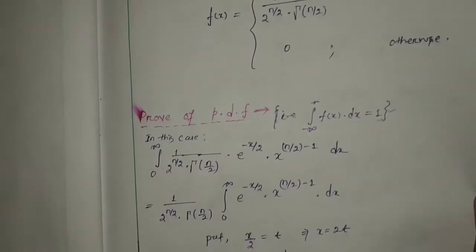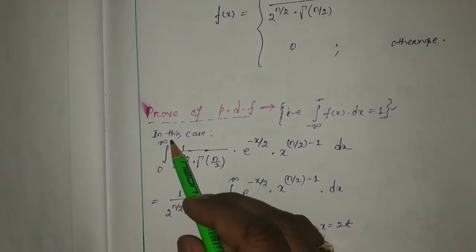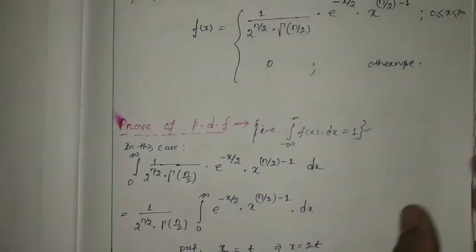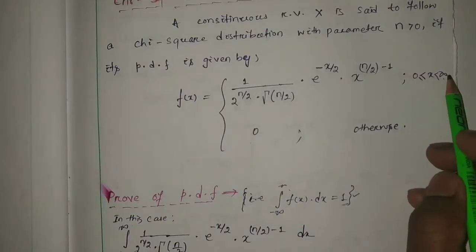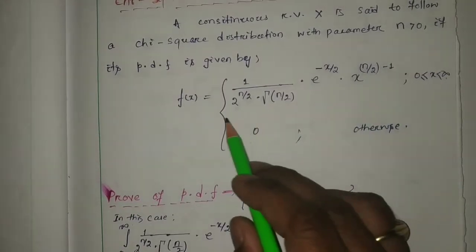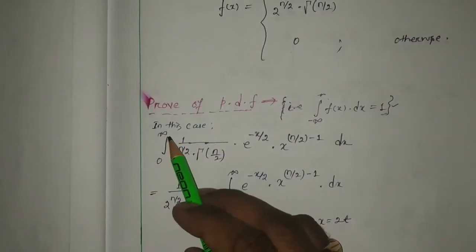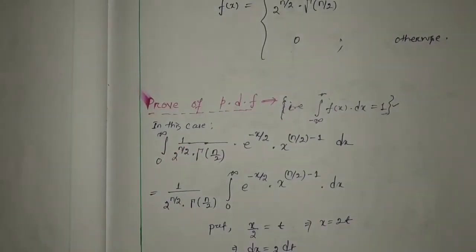Here the limit will be 0 to infinity, because x varies only between 0 and infinity, and in other ranges f(x) is 0.